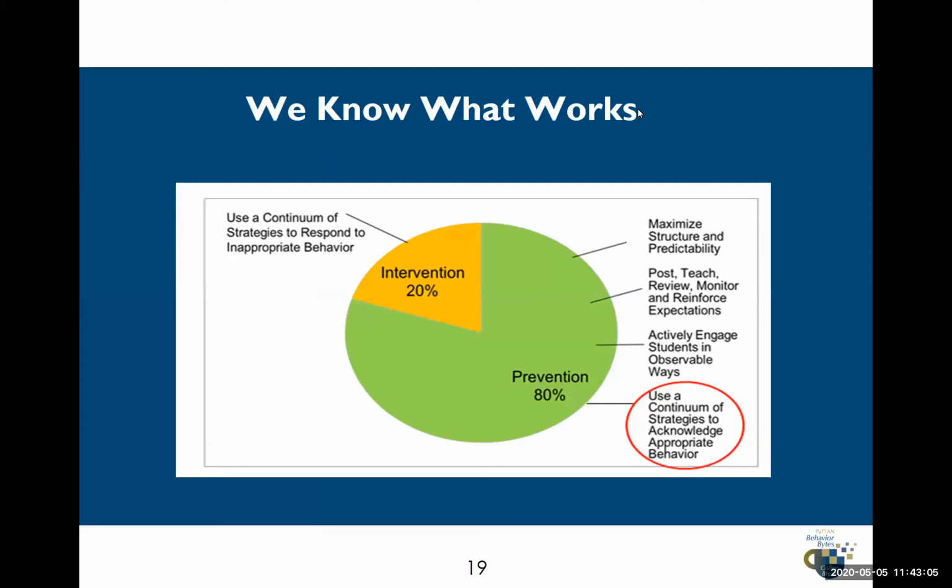And I like this graphic because it helps teachers and administrators to just think about your practice and what you are spending your energy on when you're in the classroom.